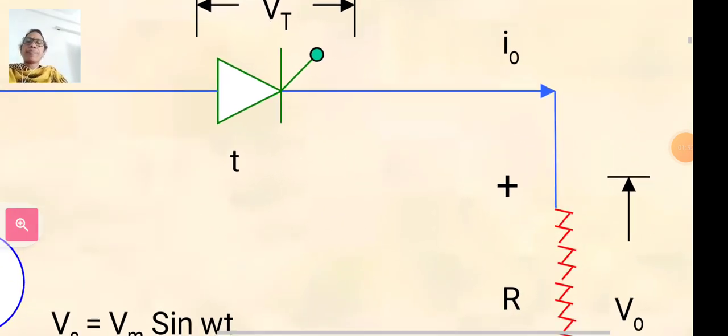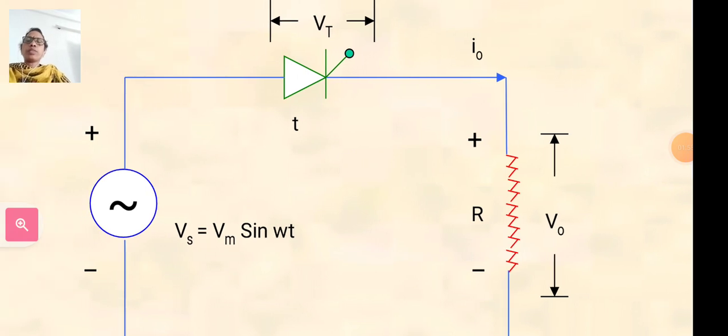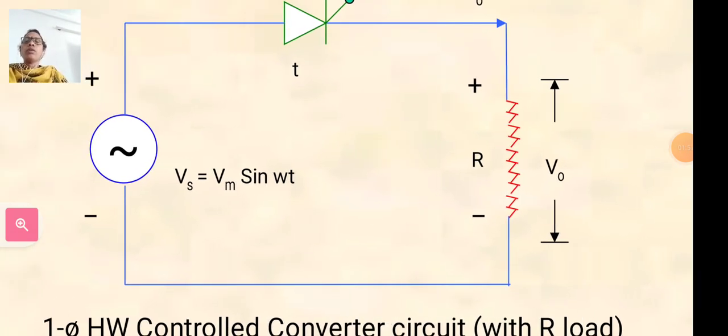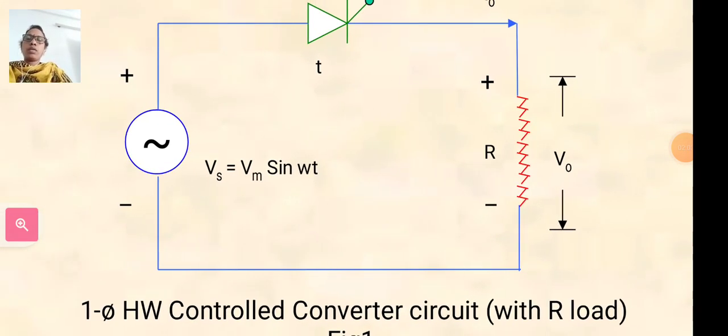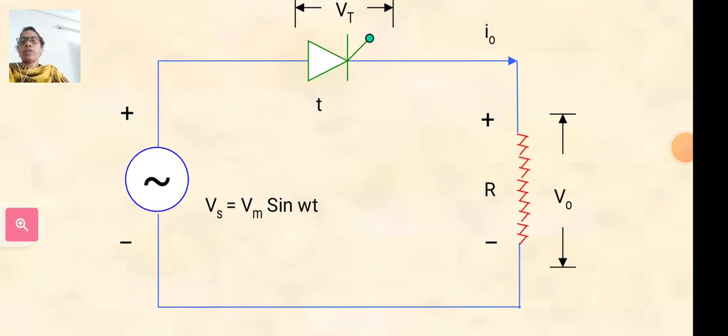The output voltage is V0 across the load, which is a resistor. Here we are using the thyristor as a converter. The converter converts AC to DC power.